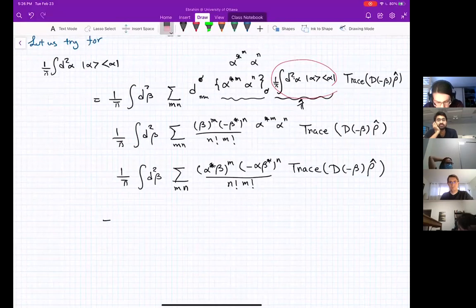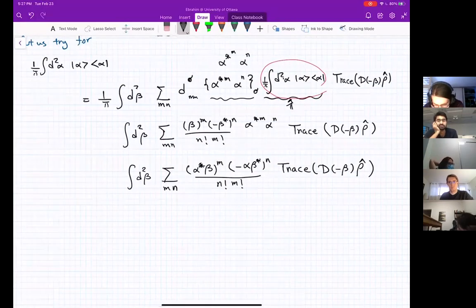Let's do that. I will erase this. I will do 1 divided by pi squared, integral of d2 beta, alpha, and I have alpha alpha.